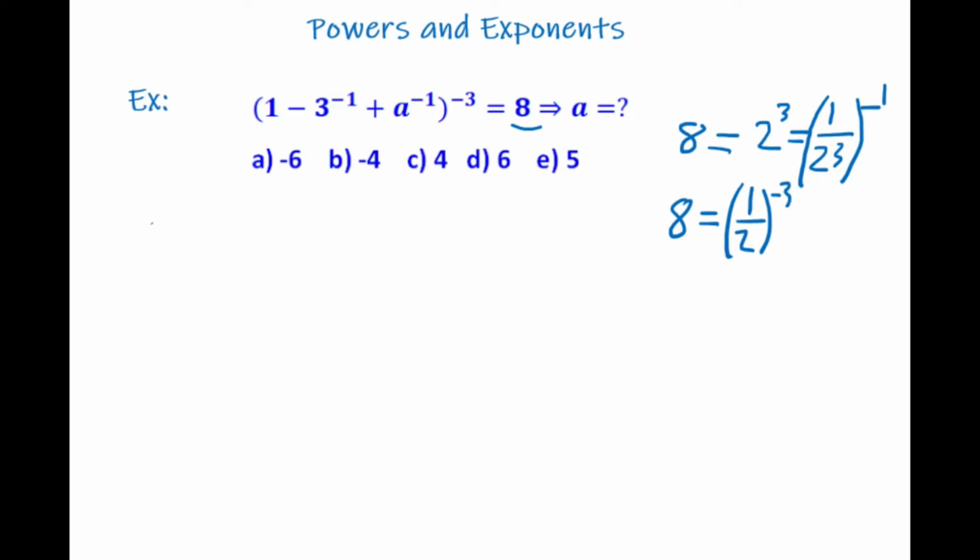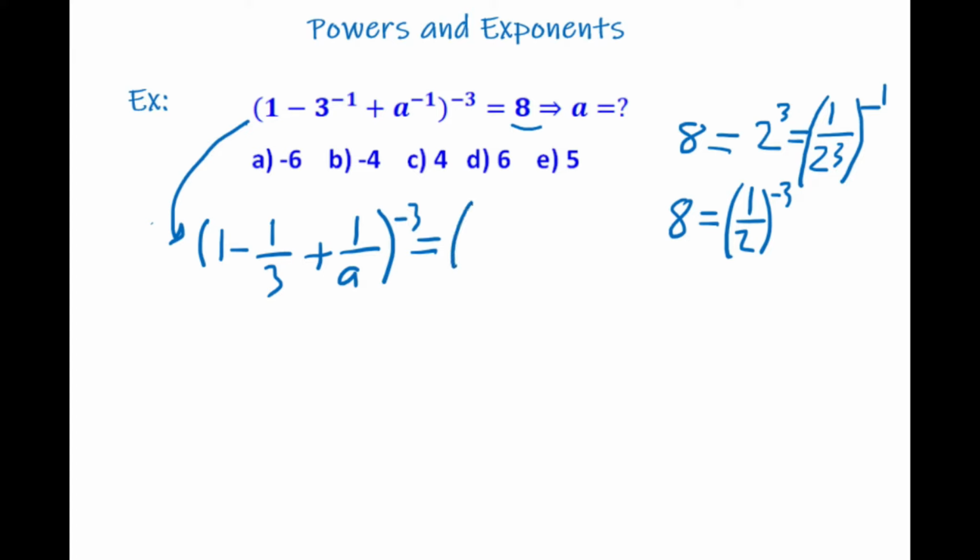So I can write the whole expression. Let me write this one here. It's going to be 1 minus 3 to the power of -1, which is 1 divided by 3, plus a to the power of -1, which is 1 divided by a, to the power of -3, is equal to 8, and 8 can be written as 1 divided by 2 to the power of -3.